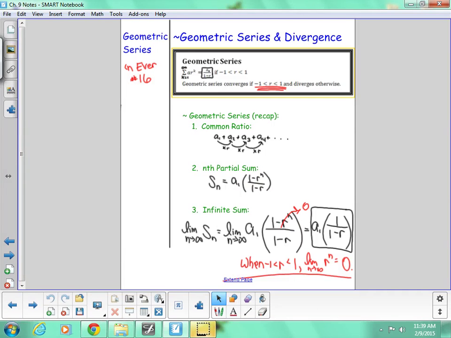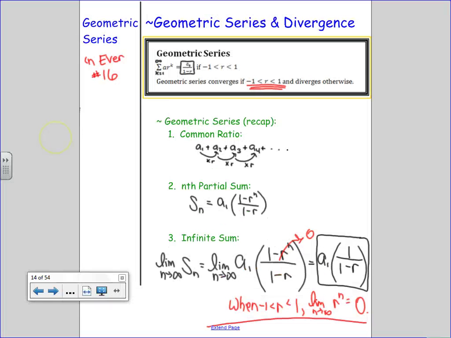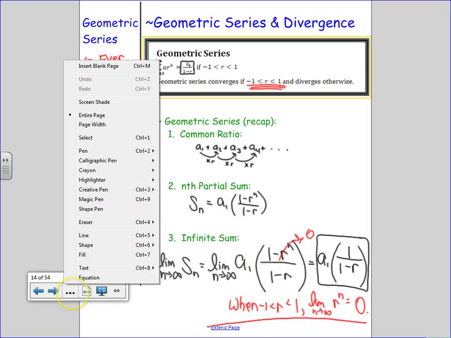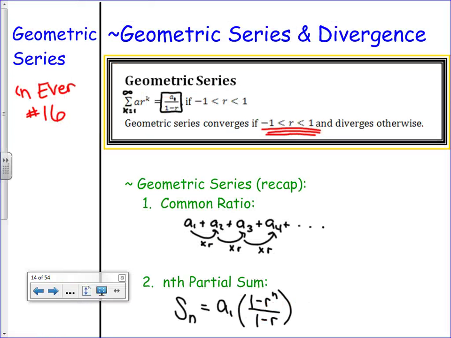It's endeavor number 16, but it's our very first convergence-divergence test, the geometric series test. The geometric series test says if r is in between 1 and -1, it converges, and not only does it converge, but if it's a geometric series, I know what it converges to, and that is huge.